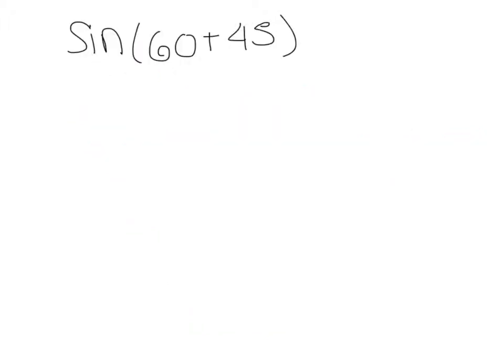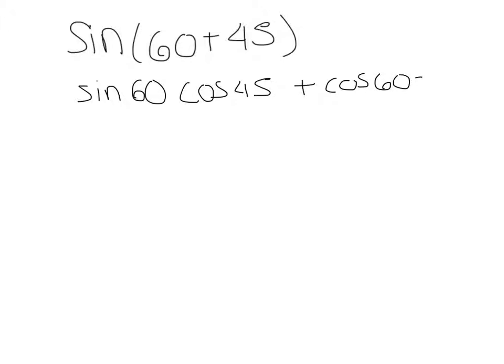All right, so now let's evaluate the sine of the sum of these 2 angles. So we're going to do the sine of the first angle, cosine of the second angle. Remember, the signs for sine stay the same. So plus cosine of the first, sine of the second. And now I'm just going to use my unit circle to substitute. So at sine of 60, we already evaluated that.